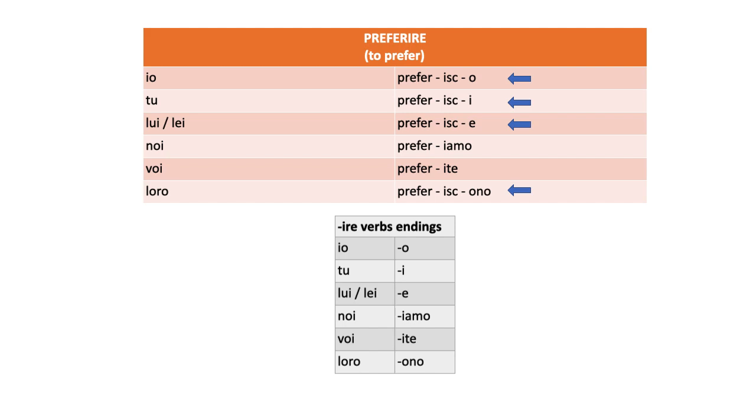So this rule is very important for pronouncing the isk verbs, of course, right? So notice that in preferisco and preferiscono, it's followed by an O. So we pronounce it k. In preferisci and preferisce, it is followed by I and E, so we use the soft sound. All right? These are the isk verbs.